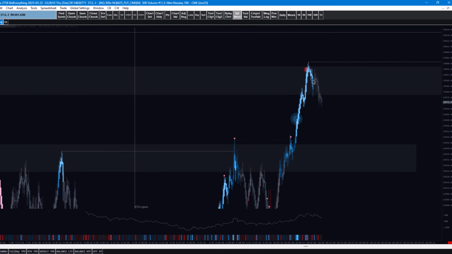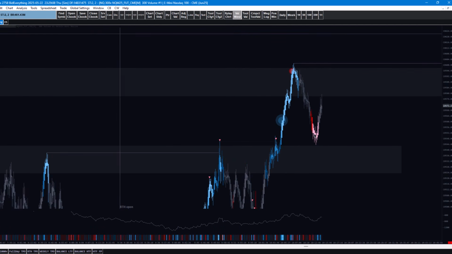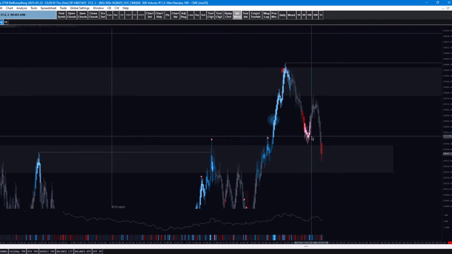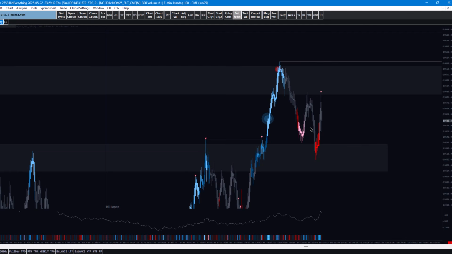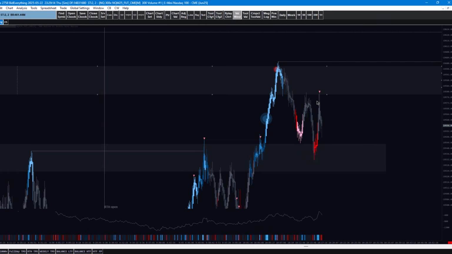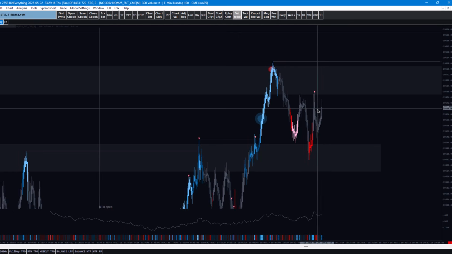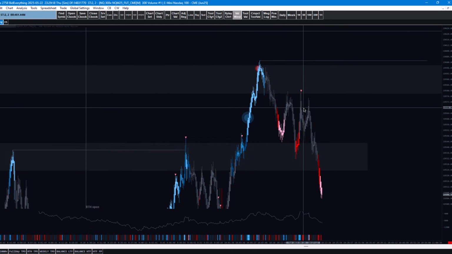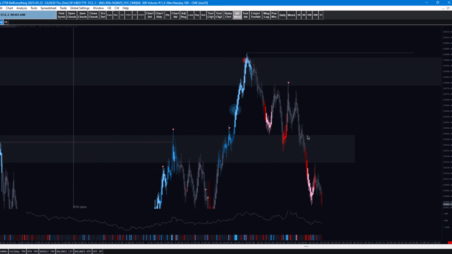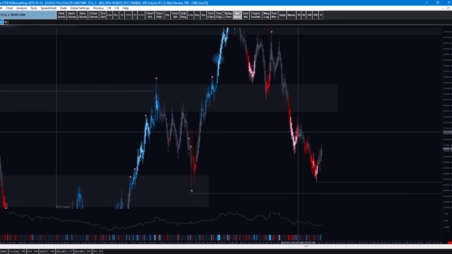So we're coming, and this, I would probably get in shorts here to like this past area where we had a large order, or this zone down here like this, right? We come down to the zone right here, we reject this, we reject that once, but ultimately we accept lower into this zone.